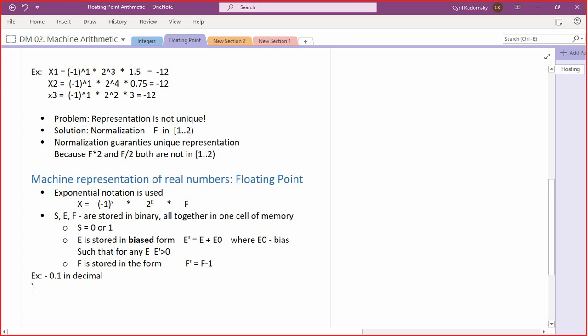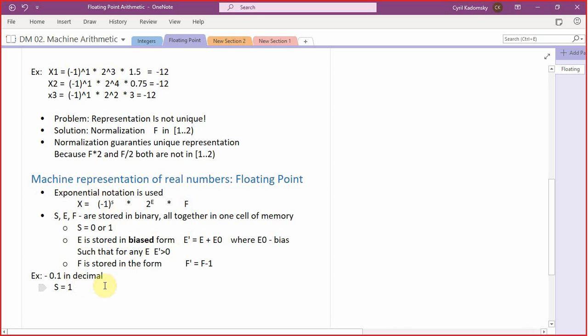To do that, what we need is to calculate S, E, and F. And then we need to calculate, of course, modified E and modified F. Okay, we start from the simplest, the S. Our number is negative, so S must be equal to what? Minus 1. This whole part must be equal to minus 1, but the S itself must be equal to just 1.